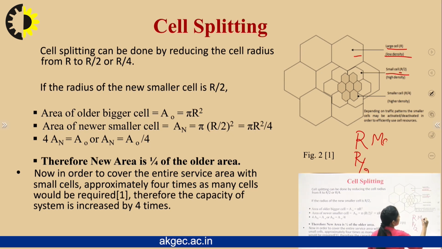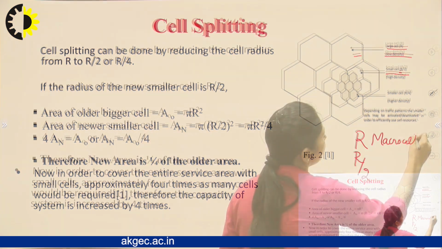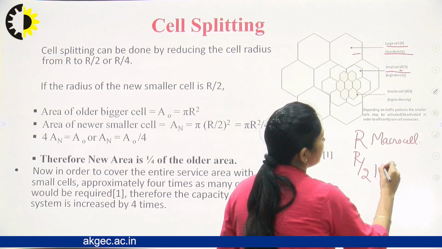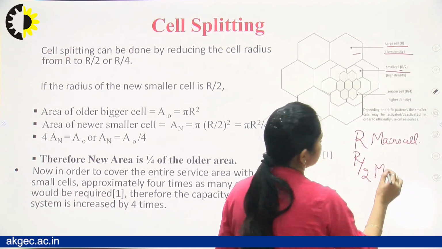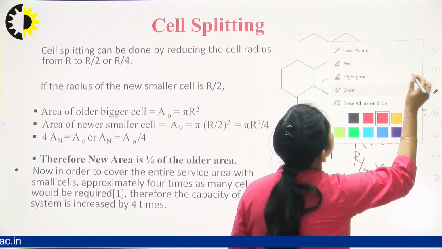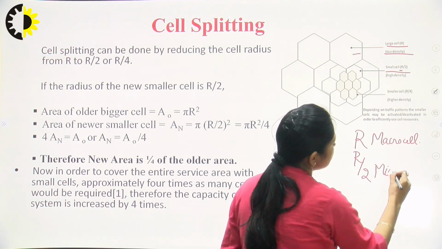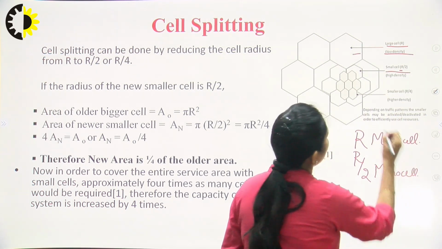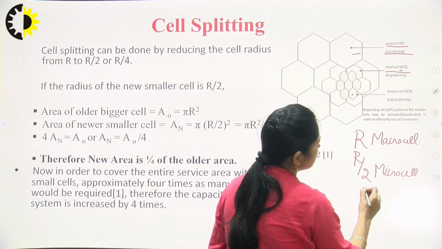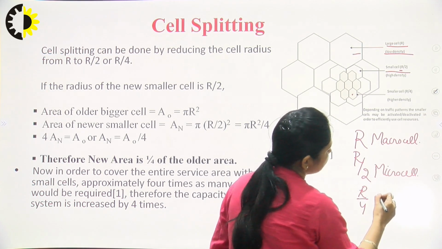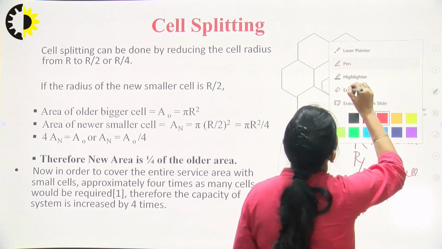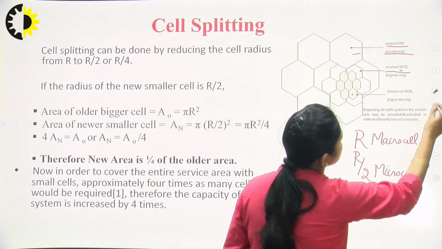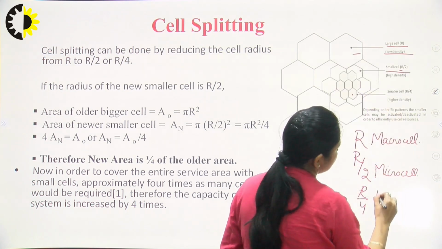This is the macro cell, this is the micro cell, and the smaller one, if the radius is taken as r by 4, is the picocell.